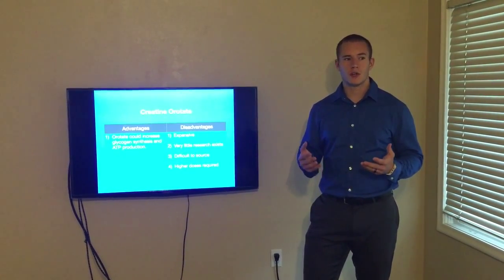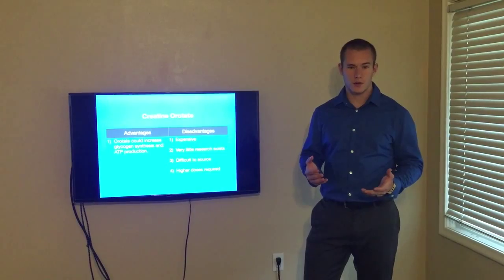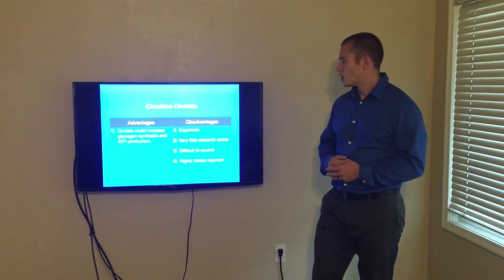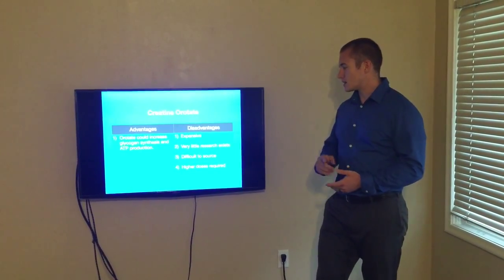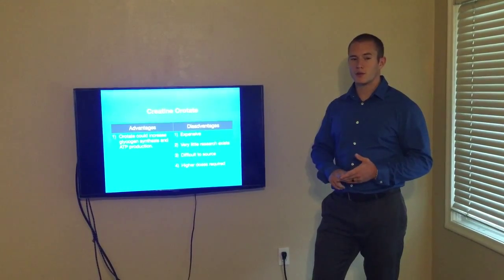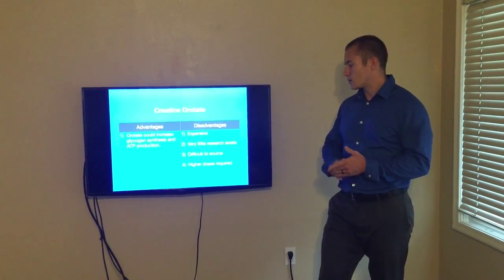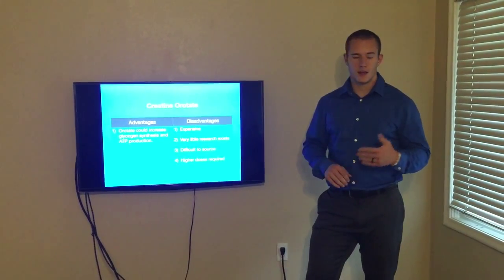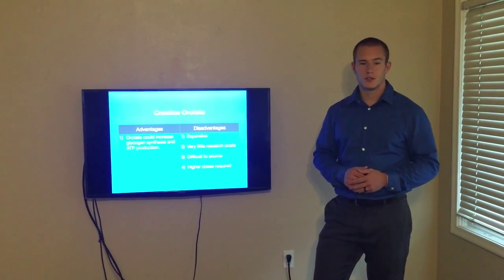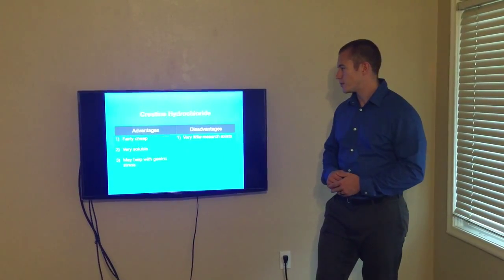So there's no knowing what the effects of creatine orotate would be. So as you can see by the disadvantages, it's expensive, there's very little research on it, it's difficult to source, and again, the higher dose that you have to use to get the benefit from the creatine.